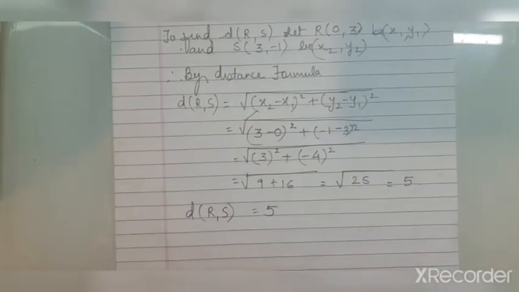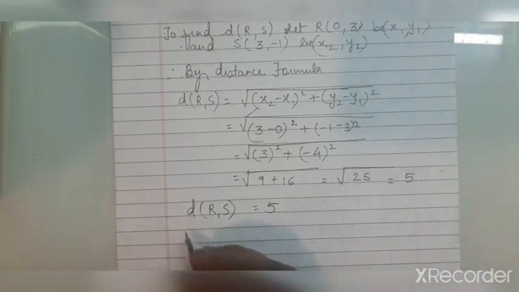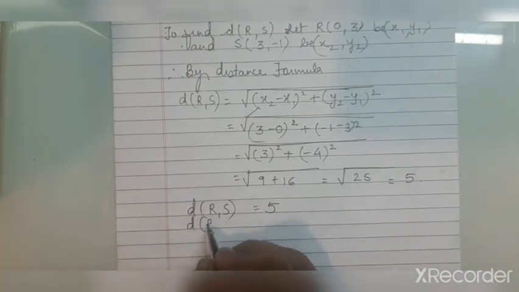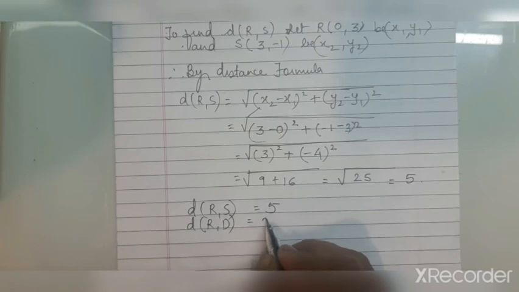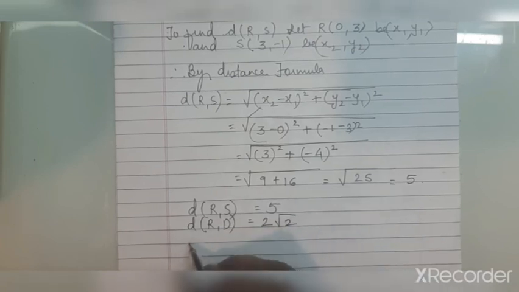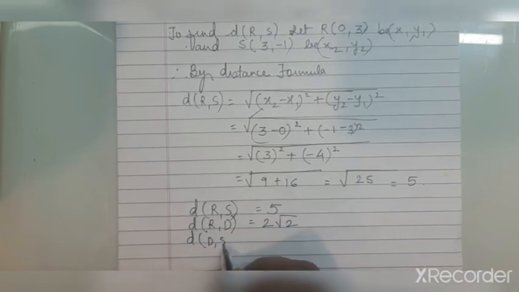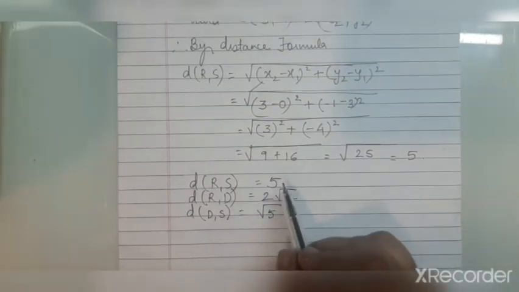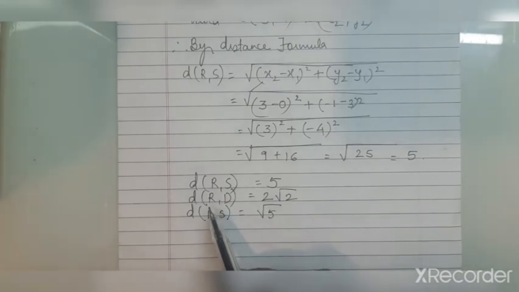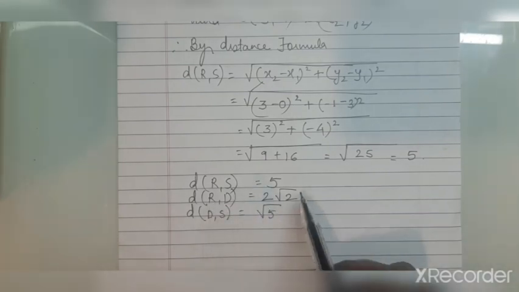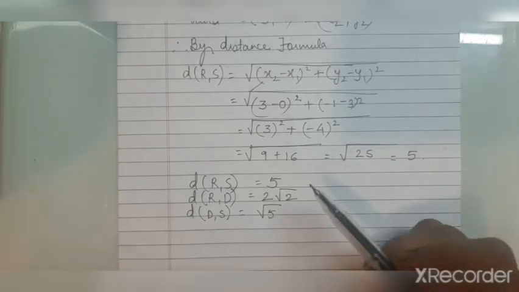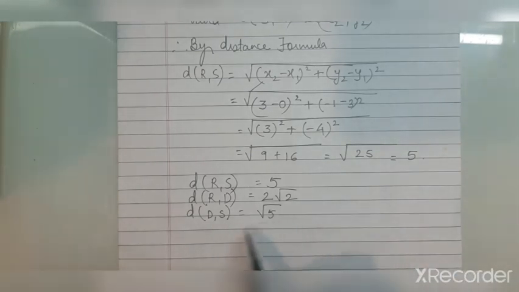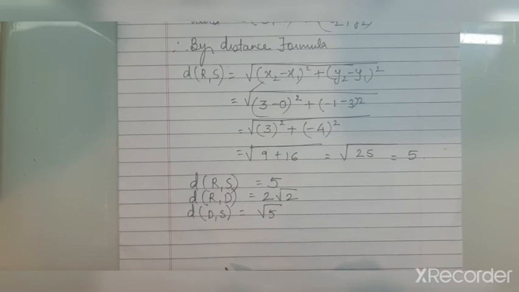Now since it is written on different pages, I will first mention all the distances so you can compare what we have found earlier. Okay, now this we found just now, 5. RD we found earlier, which is 2 root 2, and DS is equal to root 5. Now can you see whether the addition of any two sides is equal to the third side?